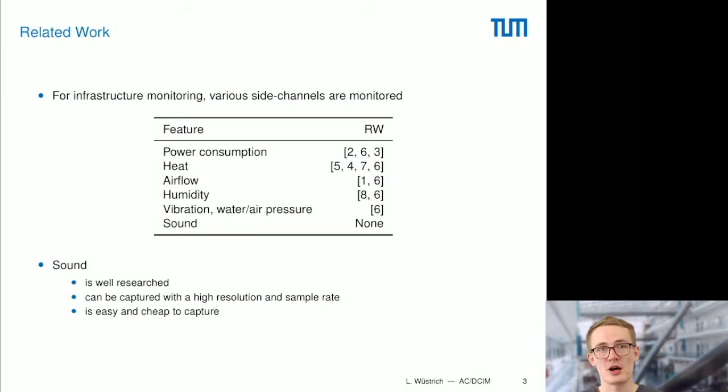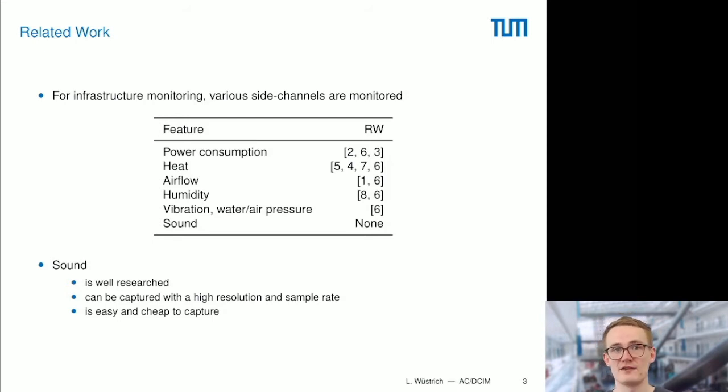These measurements of such side channels often have some drawbacks. The measurements often have a low sample rate or resolution and may require expensive hardware. And we propose to use acoustic side channels as an additional source to support the infrastructure monitoring.